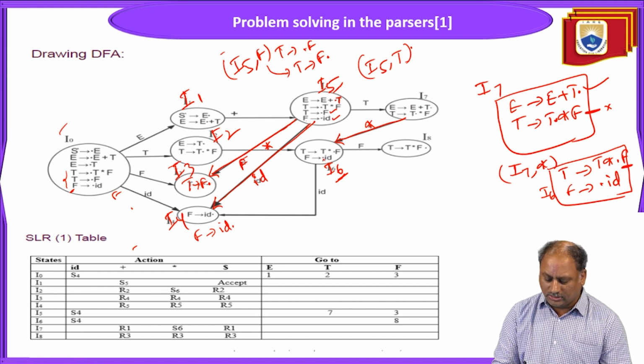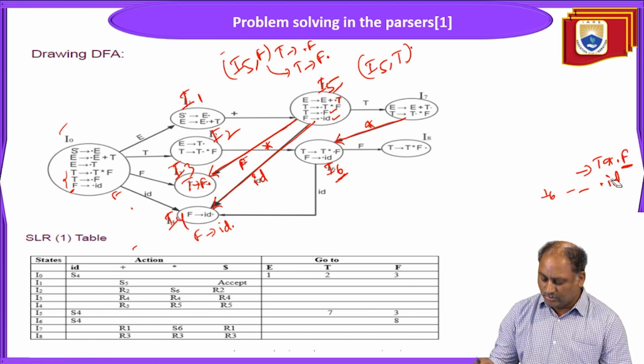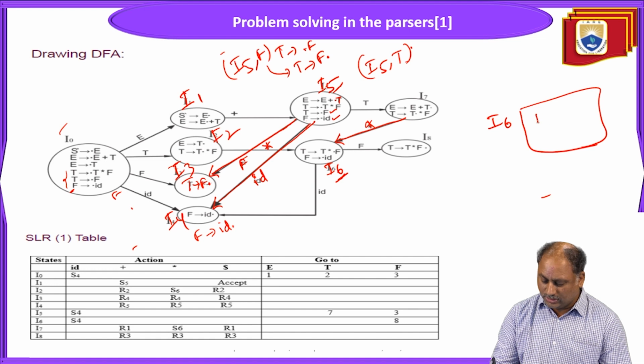So what does I6 contain? Here we have stopped the I7 process. Then I6 contains the list of two derivations: one is T derives T star dot F and another one is F derives dot ID.